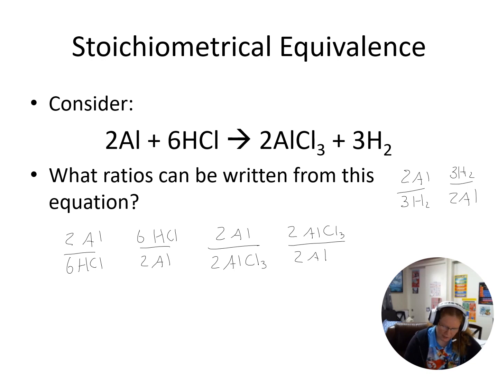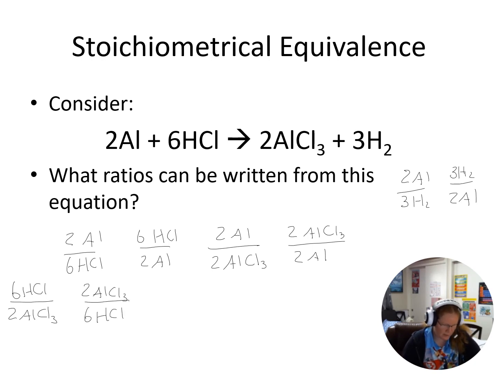Okay, I can say that for every 6 hydrochloric acid, I can produce 2 aluminum chloride. For every 2 aluminum chloride that are produced, 6 hydrochloric acid react. I can say that I've got 6 hydrochloric acid for every 3 hydrogen gas, or every 3 hydrogen gas for every 6 hydrochloric acid.